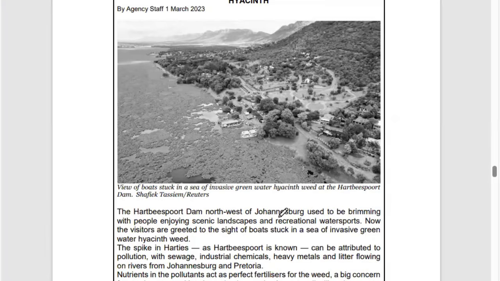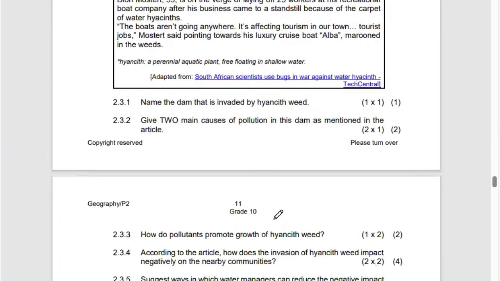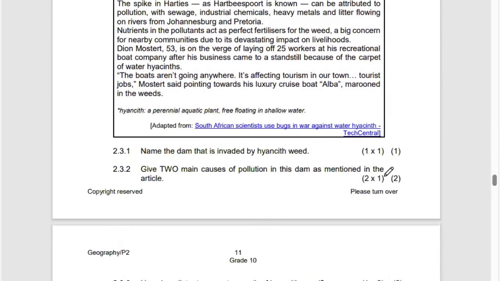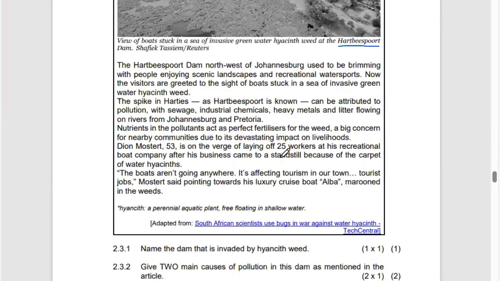Right. Checking on the questions. The first question is saying, name the dam that is invaded by the hyacinth weed. I think it's indicated here. It's talking about Hartbeespoort. That is the dam that is in question, Hartbeespoort. Give two main causes of pollution in this dam as mentioned in the article. We are supposed to look at the article and look at the mentioned pollutants. It can be attributed to pollution with sewage and also with industrial chemicals, and also it's polluted with heavy metals and also litter.